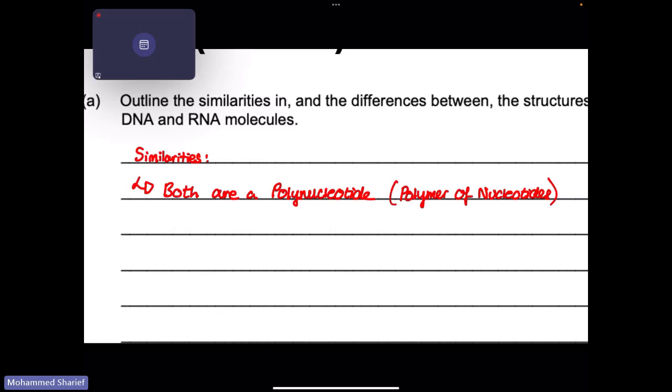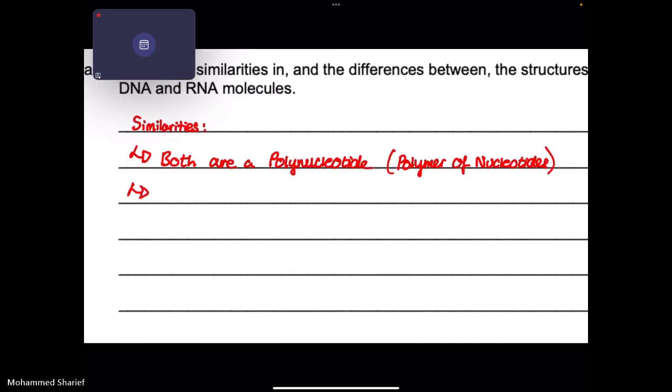So we're looking at the similarities and differences in the structures of DNA and RNA molecules. Okay. Both of them have cytosine, guanine, and adenine as the nitrogenous bases.